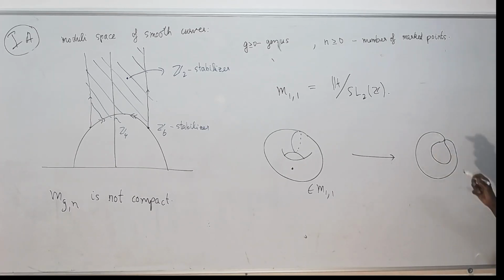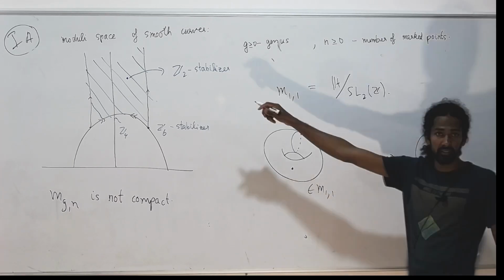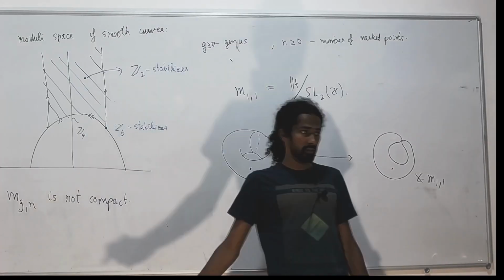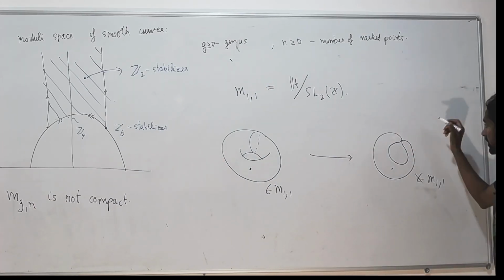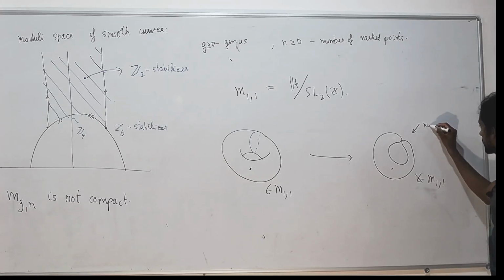They're touching. The marked point is still there, and this is not in M11. This is the point that's at infinity. If you really think about what happens here, you'll see that this is a nodal curve, the so-called nodal cubic.